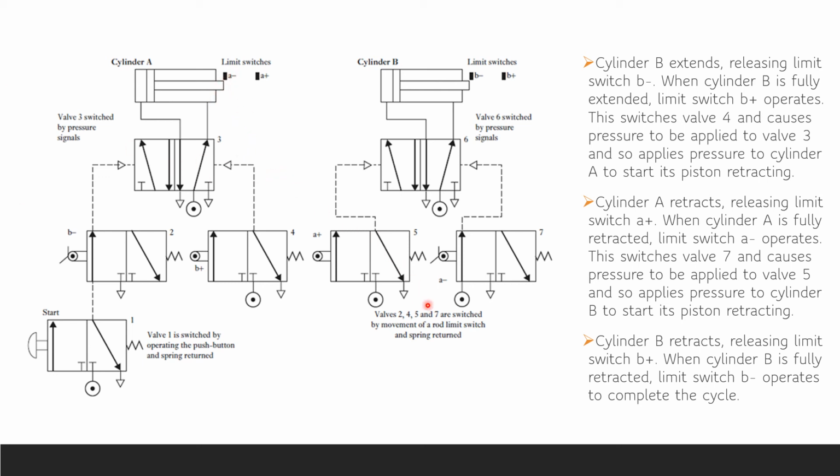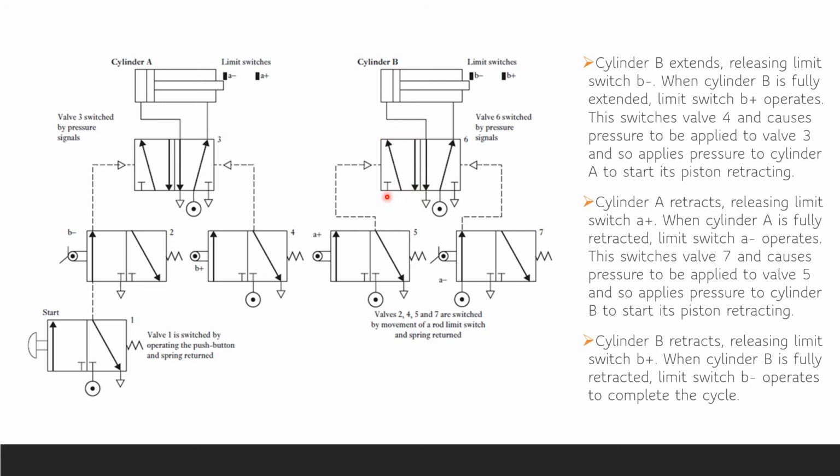This A minus limit switch operates the valve 7. As the A minus switch opens the valve 7, the fluid flow from the pressure source occurs across the line and it pressures the valve 6, which opens the second position of the valve 6.